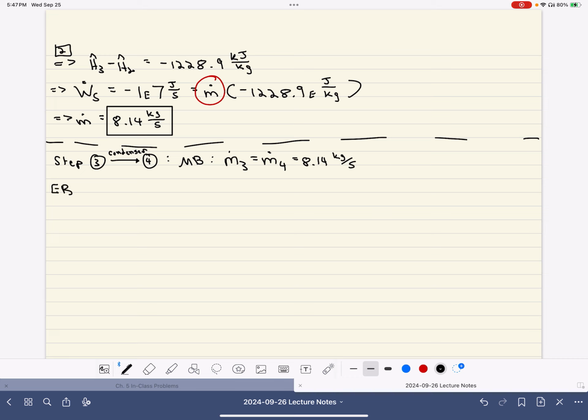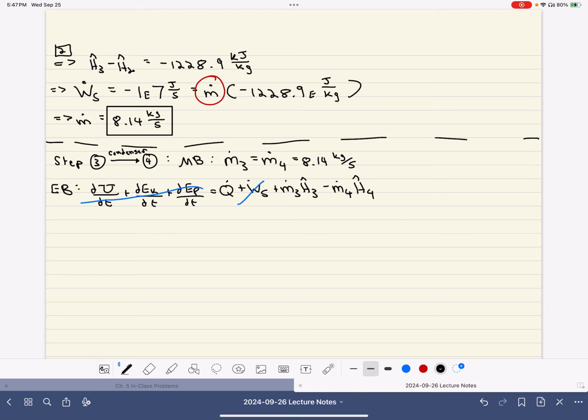In the energy balance, we'll write the open system energy balance. That's Q dot plus WS. And then we have the enthalpy going into the system and the enthalpy going out. Left-hand side goes away because it's steady state, no shaft work.